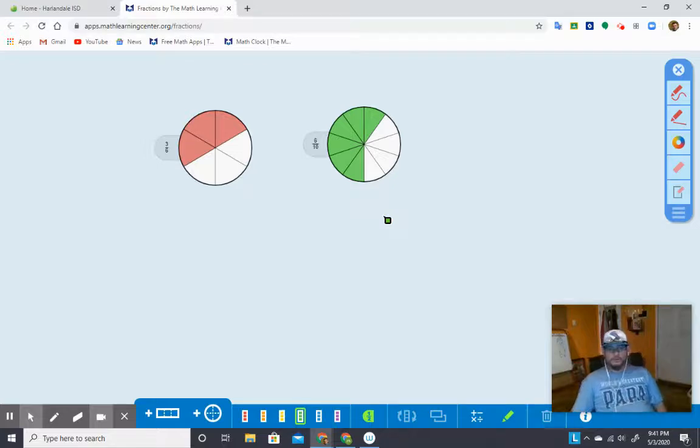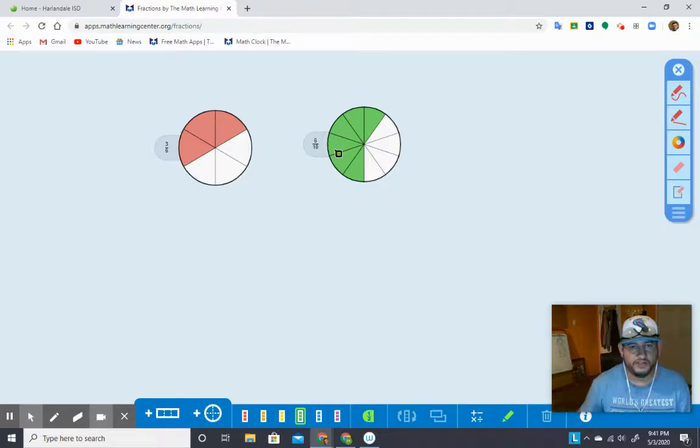Uh-oh. So what do we do here? How do we figure this out? If both the numerator and the denominator are different, how do we figure that out? Well, I just showed you one way is draw it out, right? Draw it out and see which one is bigger.